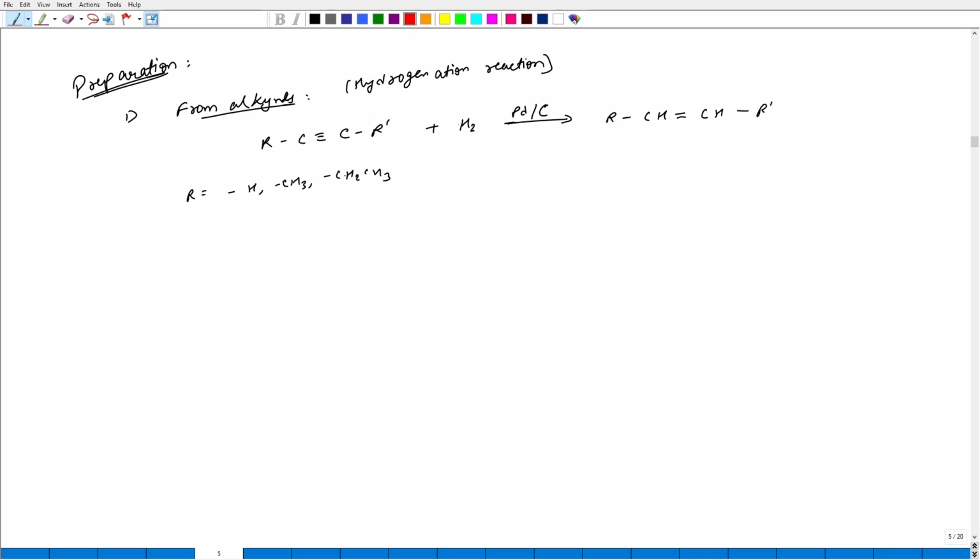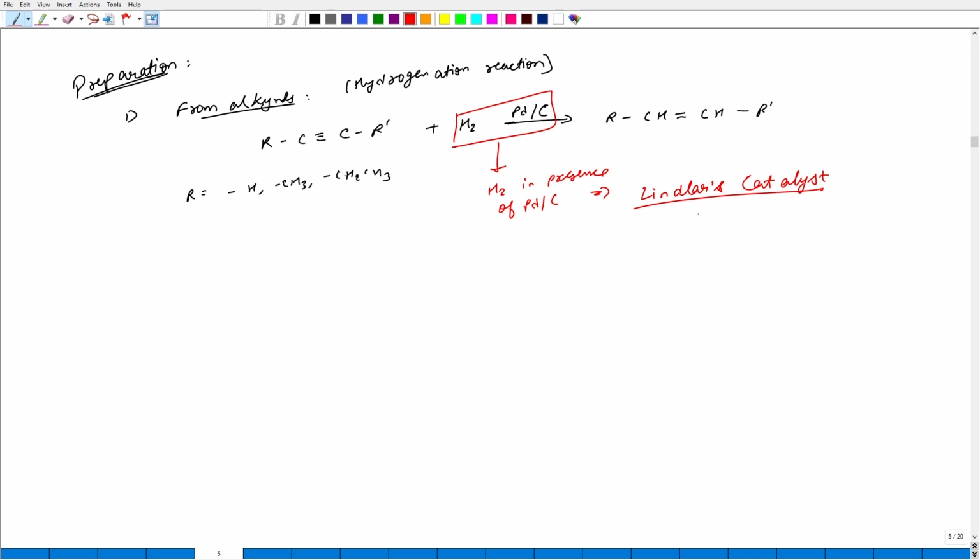And this set of reagent, H2 in presence of palladium and carbon, is known as Lindlar's catalyst.